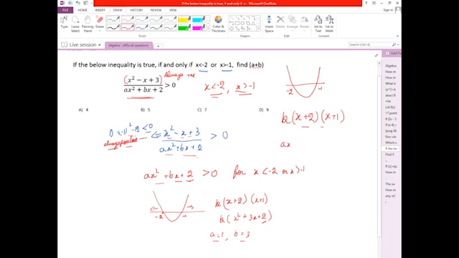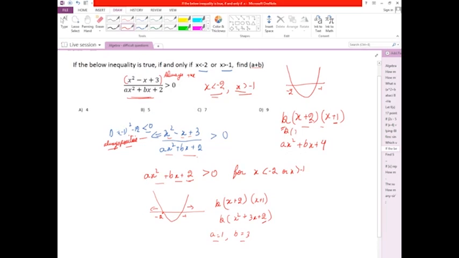What we were given the bottom expression as was ax square plus bx plus 2. And when we multiplied this, we saw that the constant term here was also 2, from which we realized that k must be equal to 1. If the bottom expression, for example, let's just change it a bit, had been ax square plus bx plus 4, then it would have been trickier.